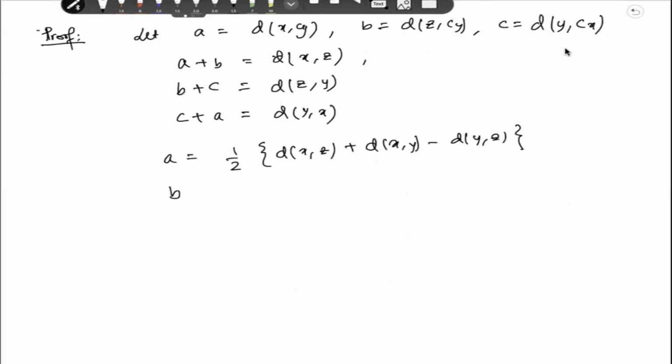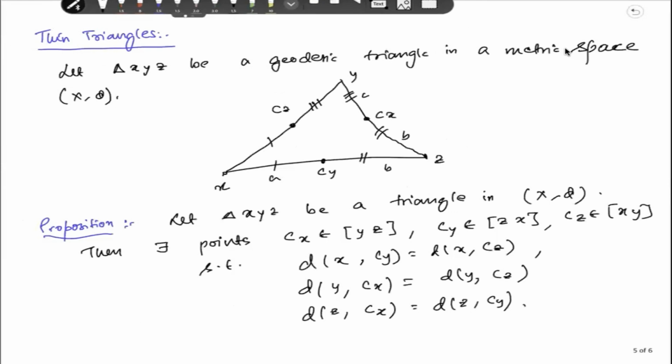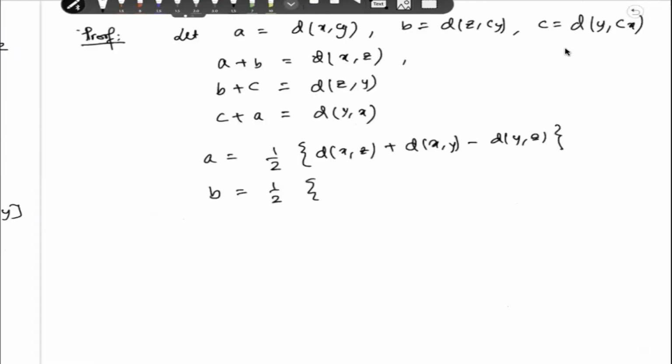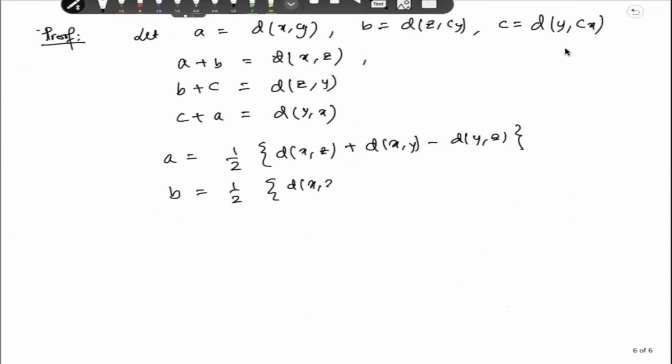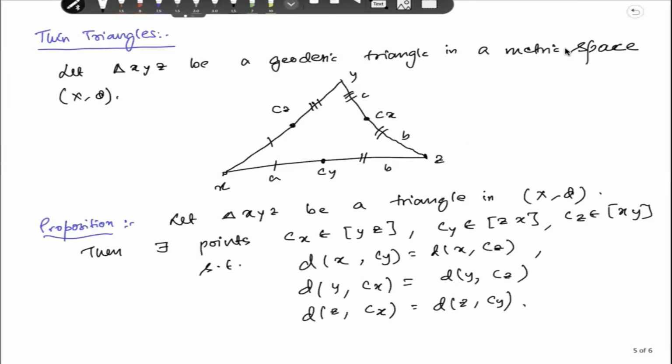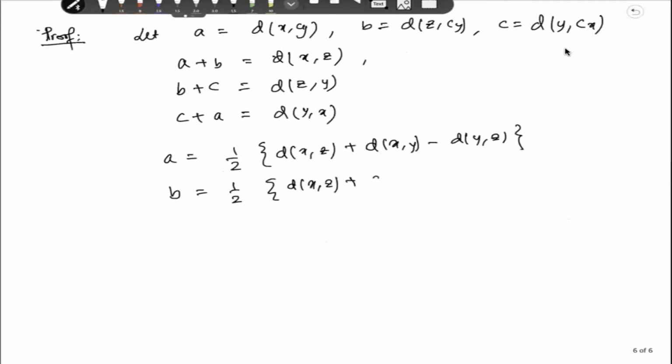Similarly, we'll get B. So B will be equal to half of distance between xz plus distance between zy minus distance between xy.